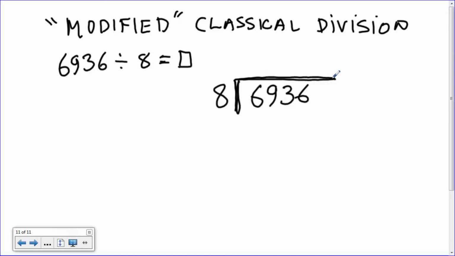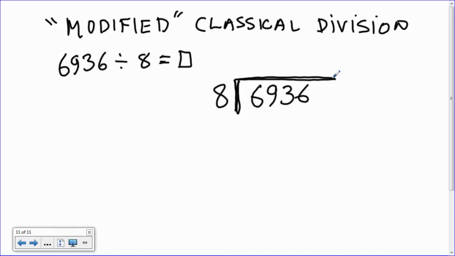Okay, let's think about that again. If I want to sneak up on the quotient of this problem, along the way I want to always be using larger divisors and smaller dividends, because those intermediate quotients are called partial quotients.